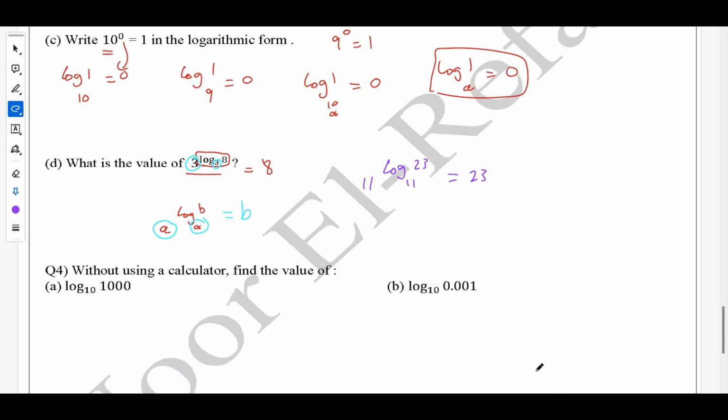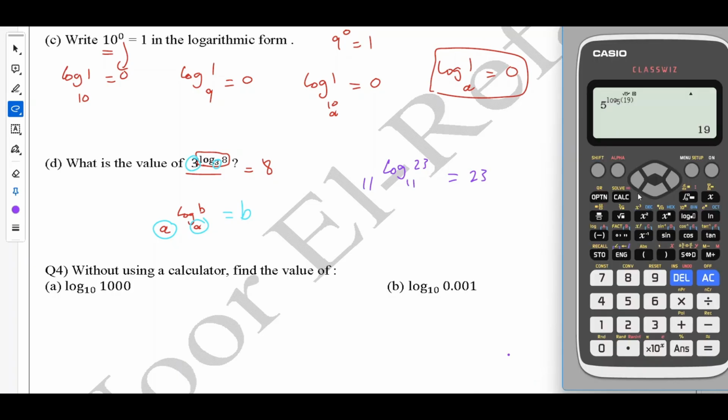You can check by using the calculator. 11 power log 23 gives 23.